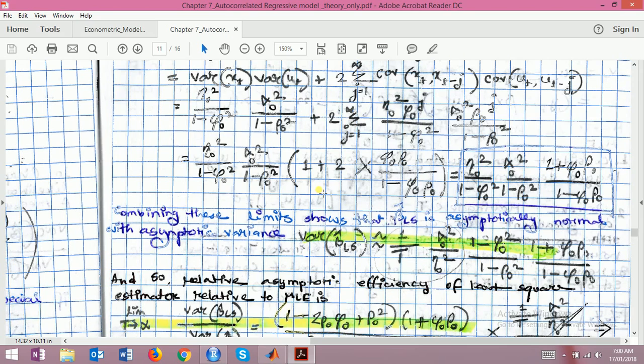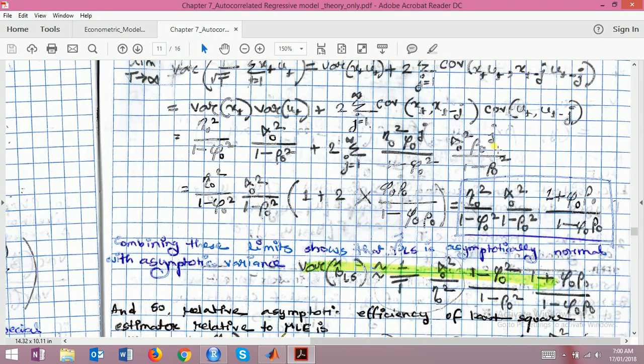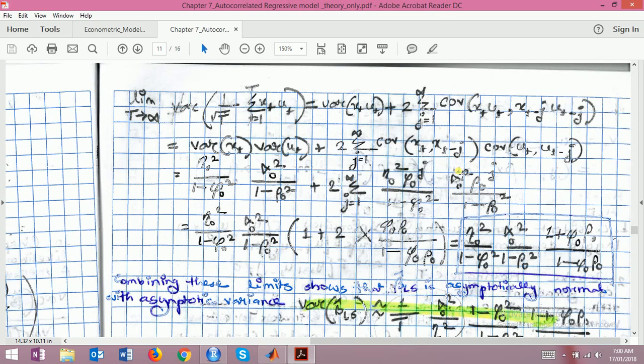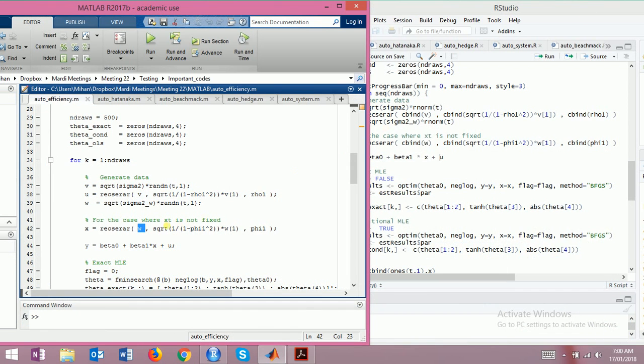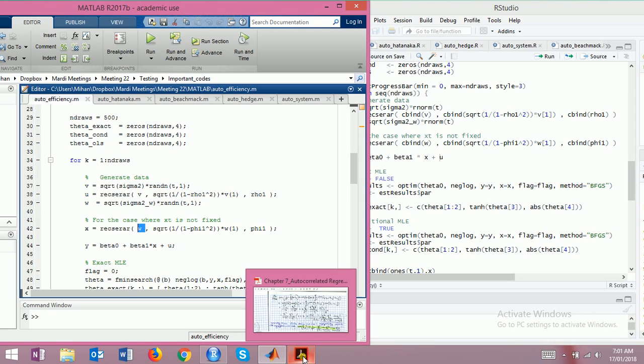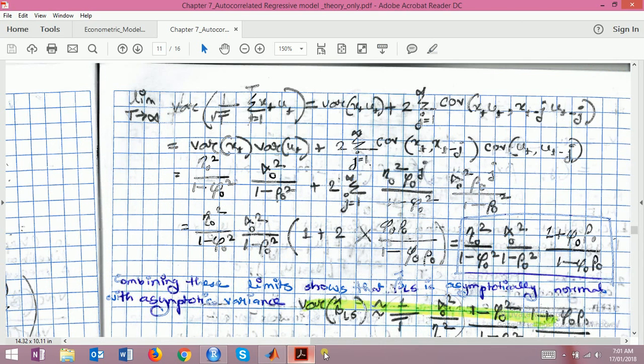See, this is for u, this is for x, so sigma square rho when x is not fixed, v and rho, w and phi. So phi, w and phi when x is not fixed, then we have w and phi here instead of w, eta square.